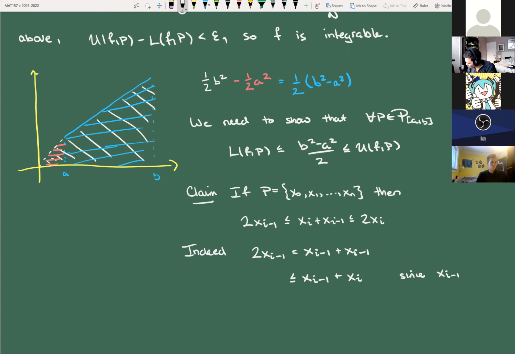Here I'm using the fact that we know x_{i-1} is less than or equal to x_i. Again, it's actually strict, but we don't care, for the same reason. And that's equal to 2x_i. Okay. Is everyone okay with that proof? Let me know if something about that bugged you. You might not see why we need that yet, but I'm going to show you in a second why that's useful.